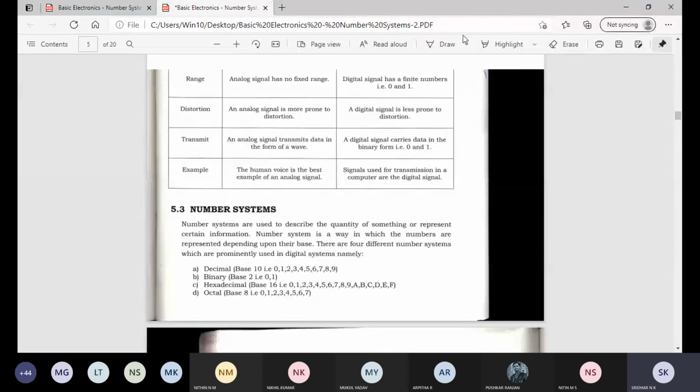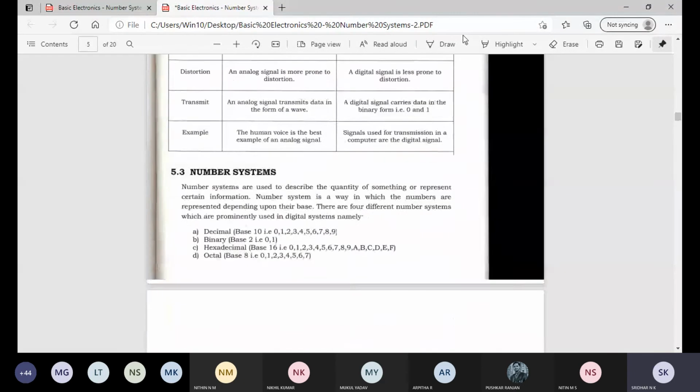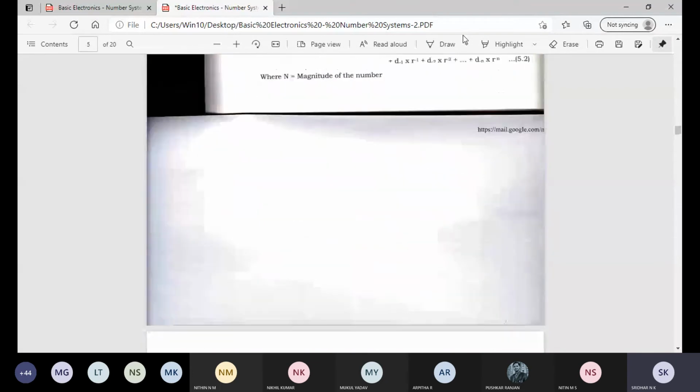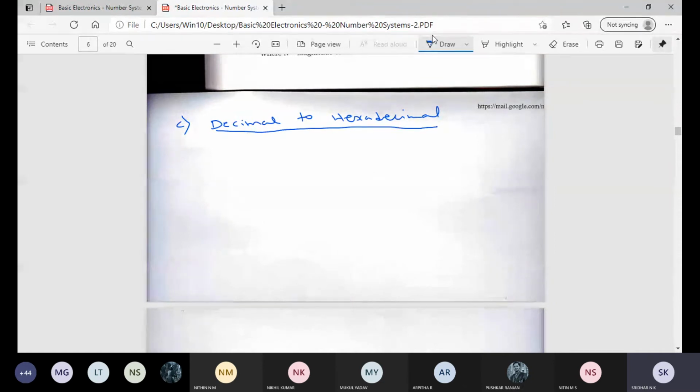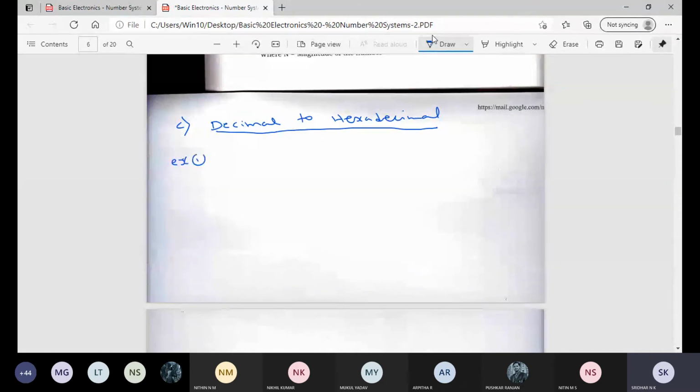The third type of conversion in this procedure is decimal to hexadecimal. Take down an example: 952.93 in decimal.